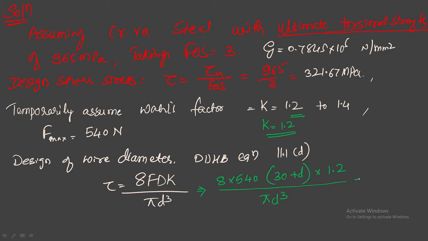Now tau is how much? Tau is 321.67. Now we calculate the value of d. So 321.67 into pi into d cube equal to 8 into 540 into 30 plus d into 1.2. Now solve this one.